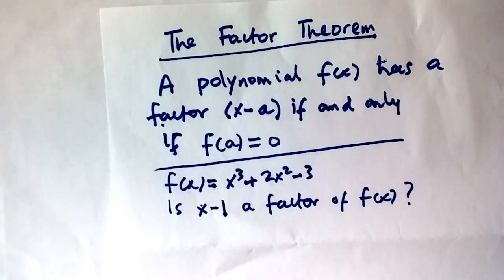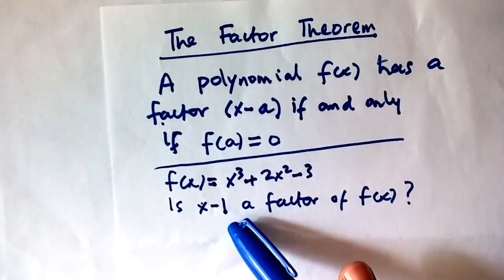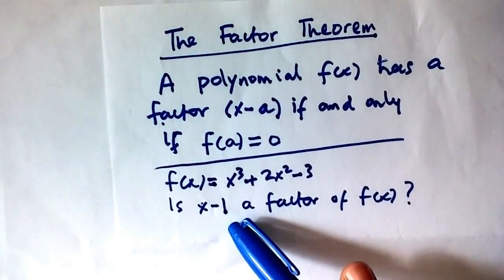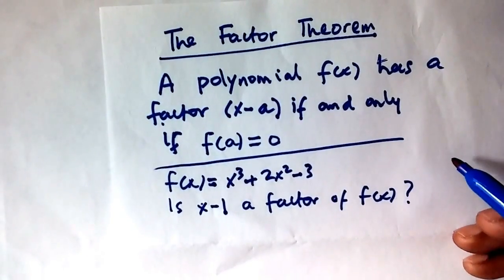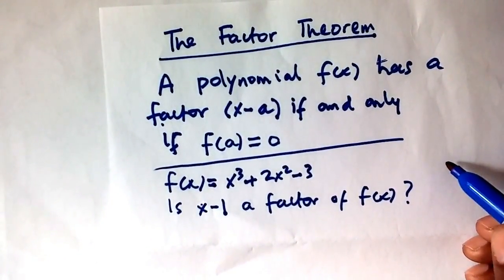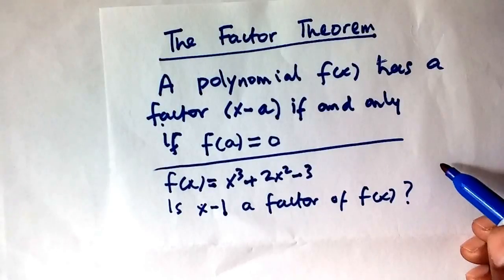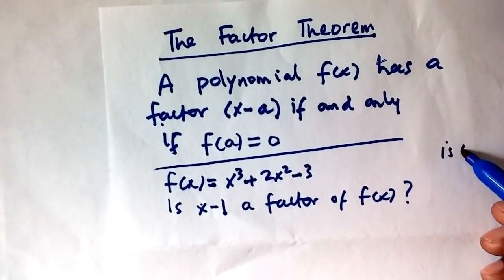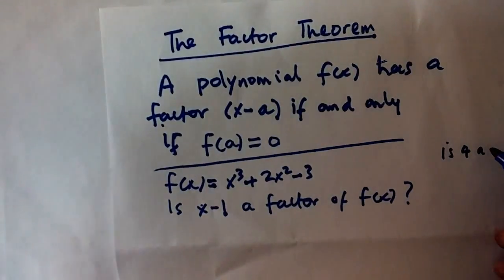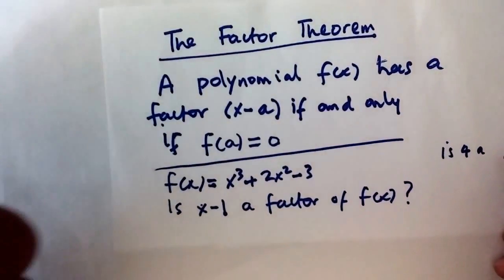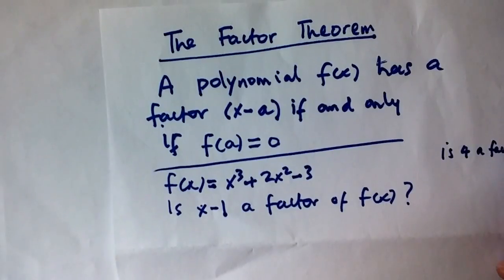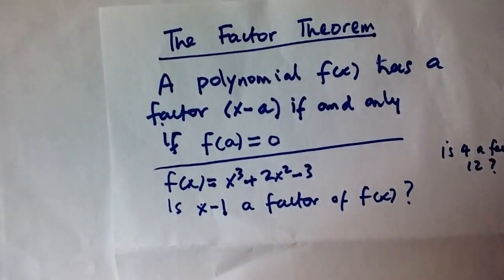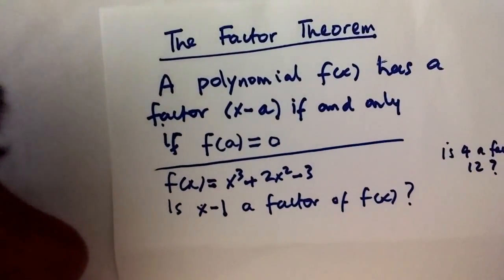Another way of asking the same question would be, well, remember, let's just back up to ordinary numbers. Is 4 a factor of 12? Well, that's a good question.